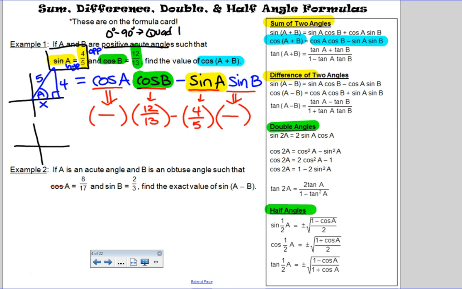So we know that we can find the missing side by doing Pythagorean theorem. And we know that that side is 3. So now we know that the cosine is going to be the A side, 3, over the H side, 5. Now we're in quadrant 1, so that means it's always going to be positive.